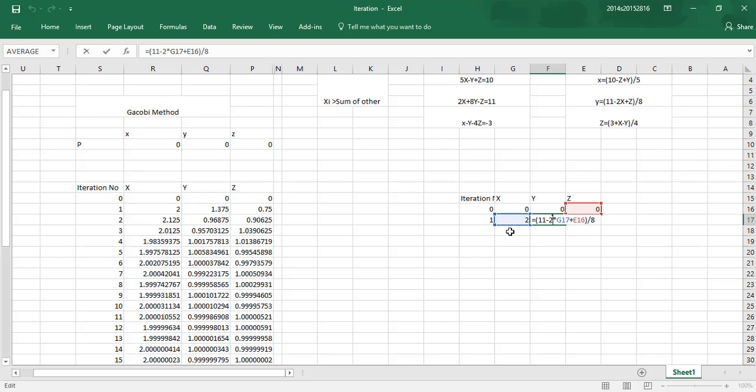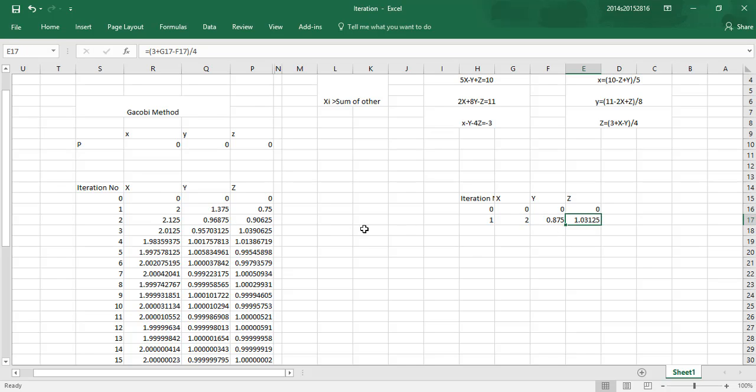As you see here, the value of x from the same iteration and the value of z from the previous iteration. As you see here, in the value of z, we substitute the value of x and the value of y from the same iteration number.